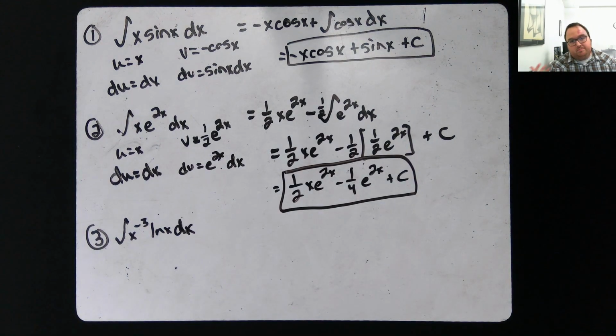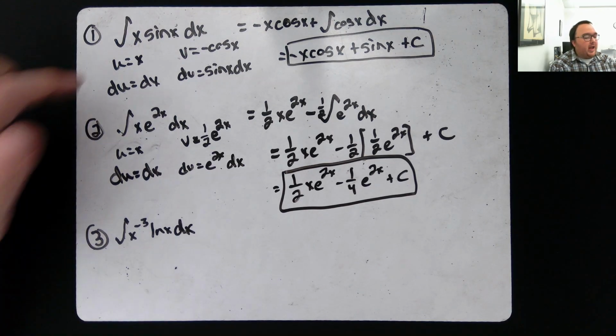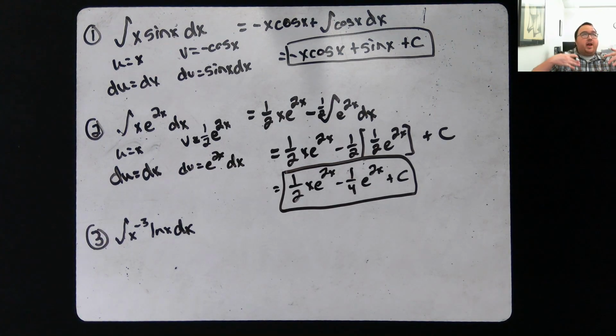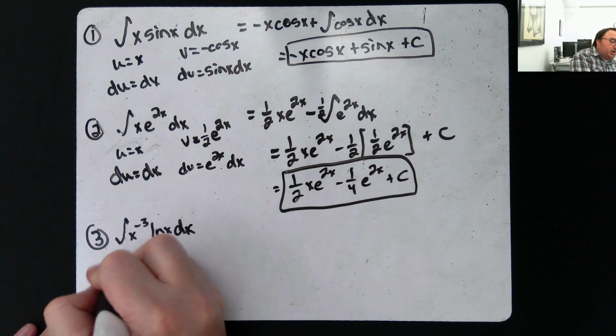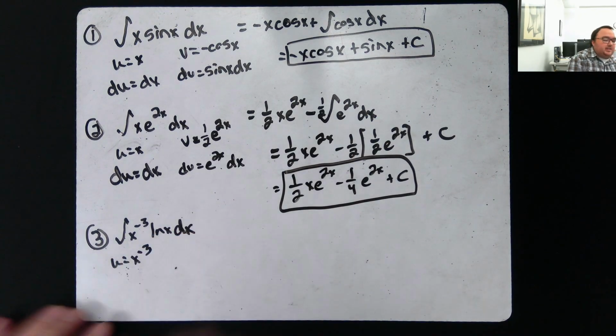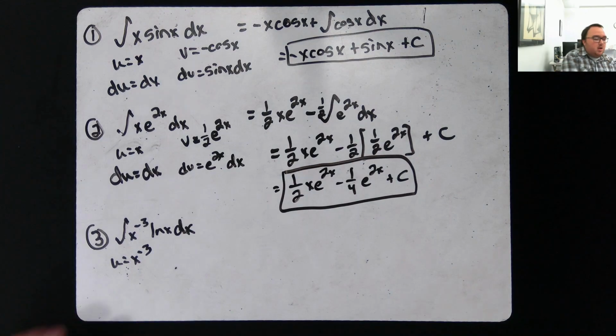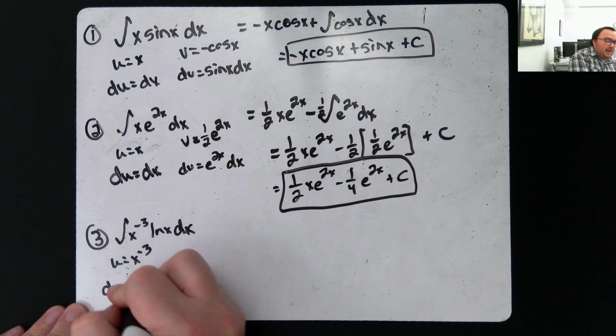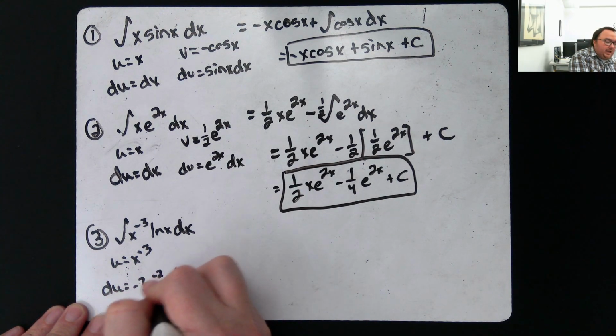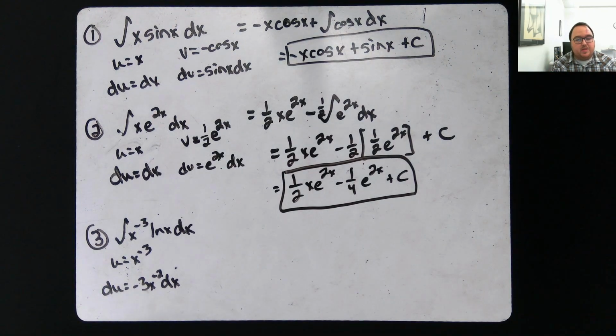So product rule. Okay. So again, I don't want a product there. So to follow suit with what I have done, you would at first think, okay, let's let u be equal to x to the negative third, because that seems to be what I have done. But the du would have to be negative 3x to the negative 2 dx. Let's see if that works.